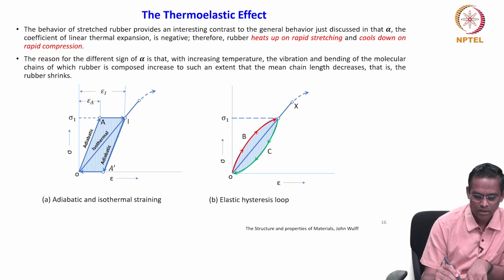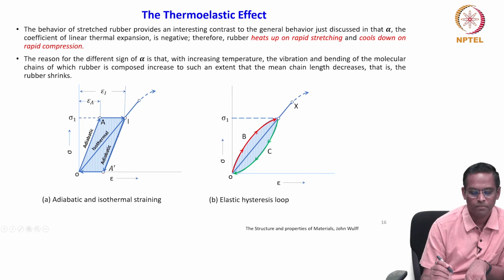It will not go to 0, that means it will not recover all the strain. Instead it will go to A dash. As time passes by, it will slowly reach its original or equilibrium strain.